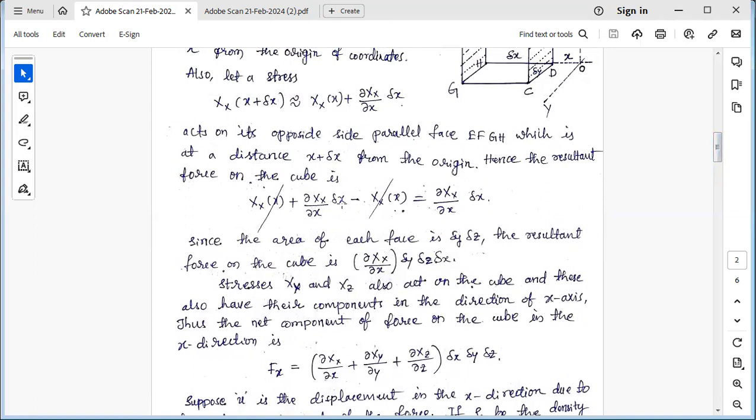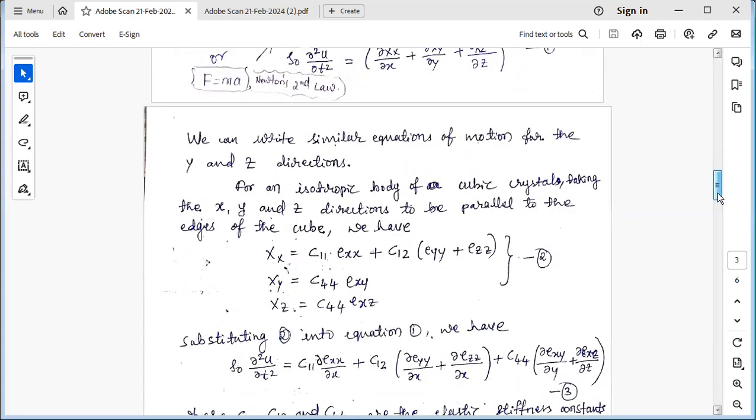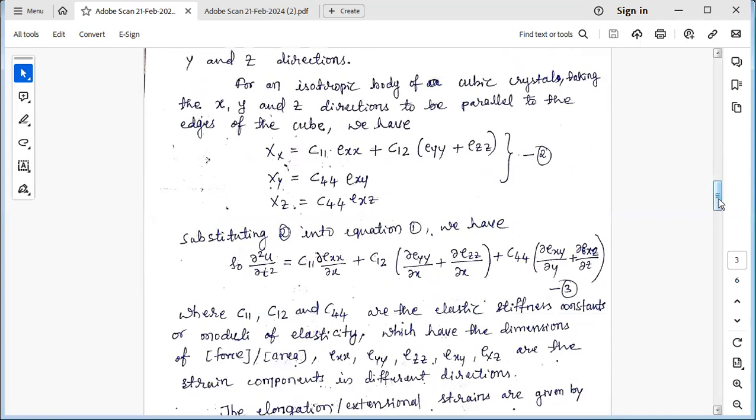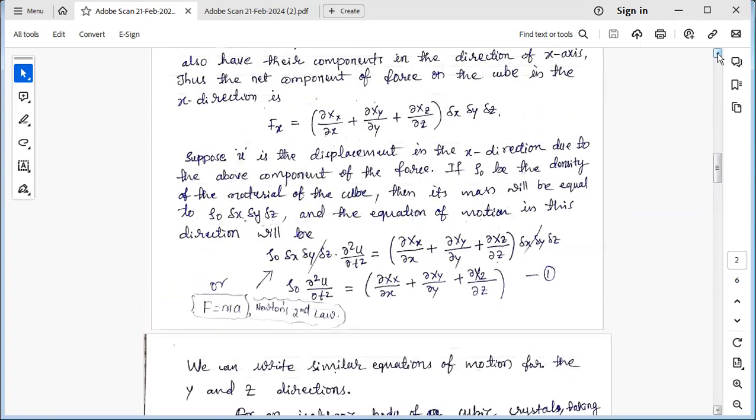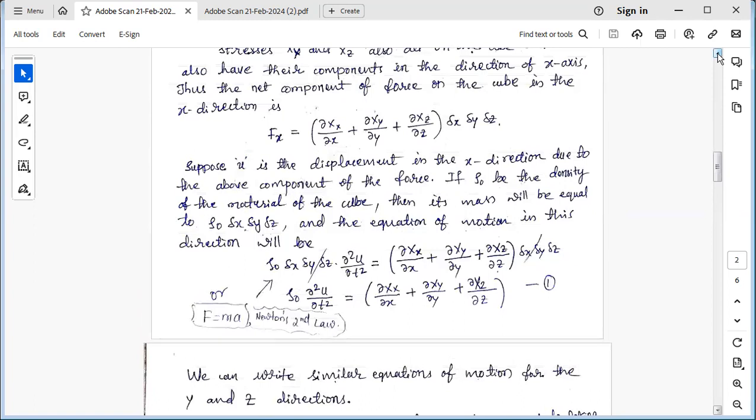Since these are not equal and opposite, they are opposite but not equal, that is why some resultant is produced here. So this resultant stress can produce some displacement of the cube. So let that displacement be u.